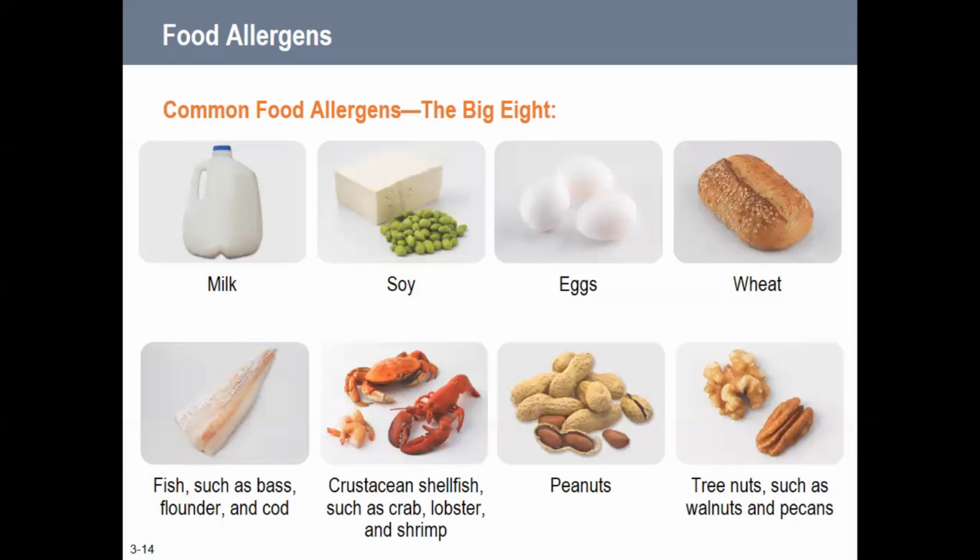If you just say shellfish, that's a good catch-all. It's mostly crustacean; mollusk shellfish are not as high as far as allergens, but if you err on the side of caution with shellfish, it's a good one to remember. Fish and shellfish, peanuts, and then tree nuts, walnuts, and pecans.